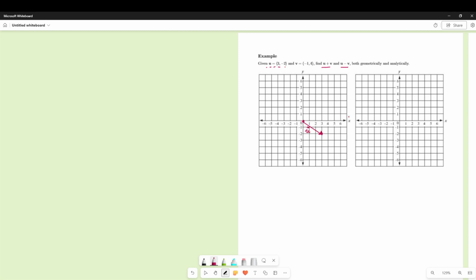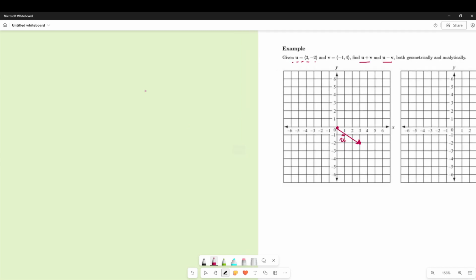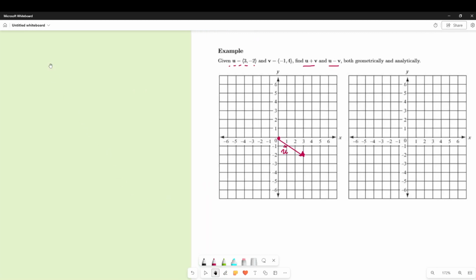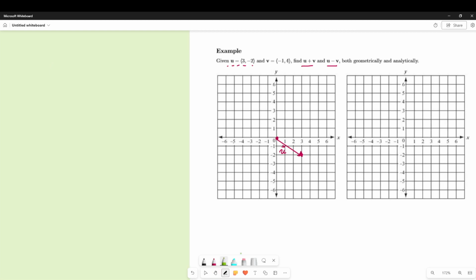I'm going to zoom this in a bit. Good. That's better. Now our vector v, if we wanted to put it in standard form, would be, okay, negative 1, 4, we put it there. But since we're going to add them together, I want to use that head to tail method.